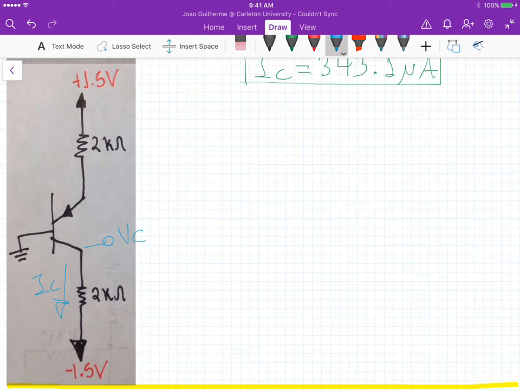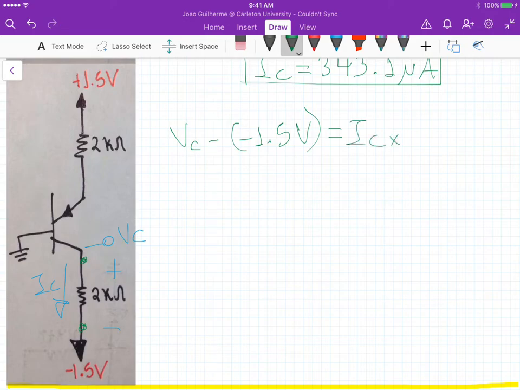We can calculate VC by calculating this potential difference across this 2K ohm resistor. So the voltage across this resistor is equal to VC minus 1.5 volts, right? Terminal here, and that's equal to IC times 2K ohm.